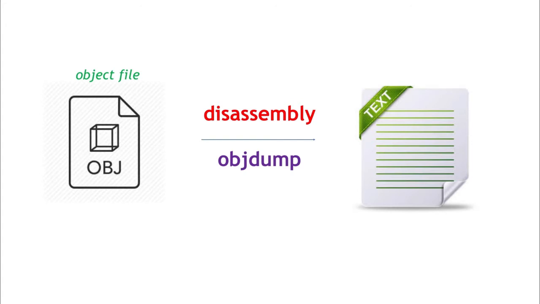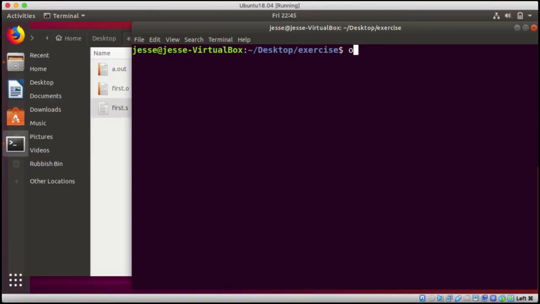Yes, then the process is called disassembly. The program objdump can do this. Let's try it now. We use objdump, and give it the option -m i8086. We will explain this option later.